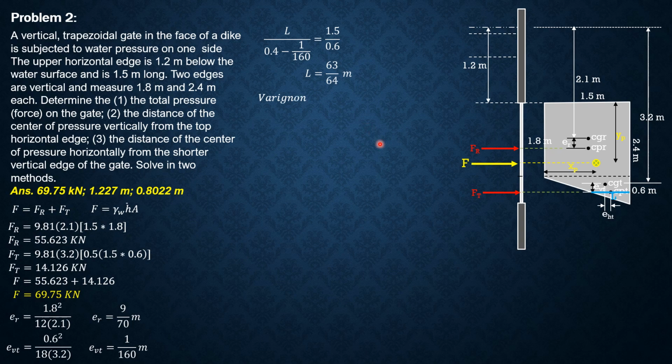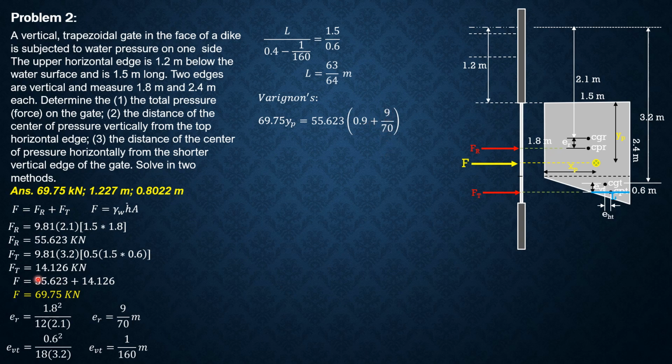So by Varignon's theorem, let's solve for this y sub p first. We have the moment of the force, 69.75 times y_p about the top edge, equals the moment of the force through the center of pressure of the rectangle, 55.623, whose distance is 0.9 plus e_R. So 0.9 plus e_R, e_R is 9 over 70.